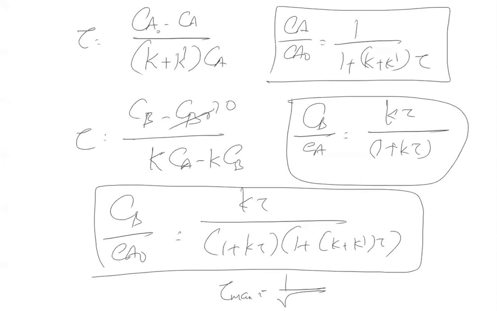Similarly, 1 by root of k into k plus k prime. Because this is something like this, no? So similarly, if you do the derivation, you will get 1 by root k1 k2.